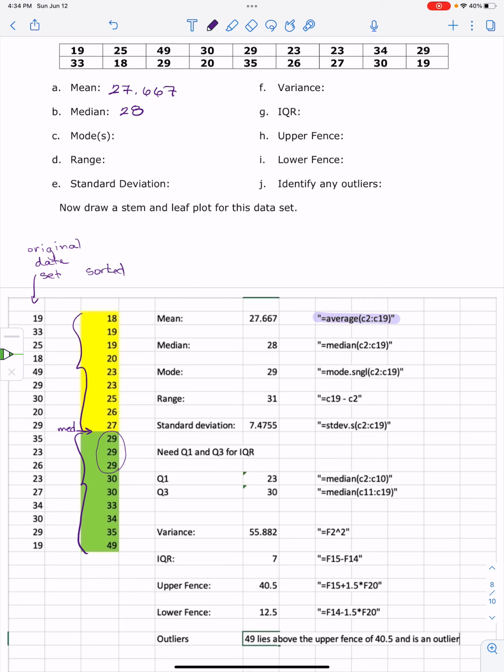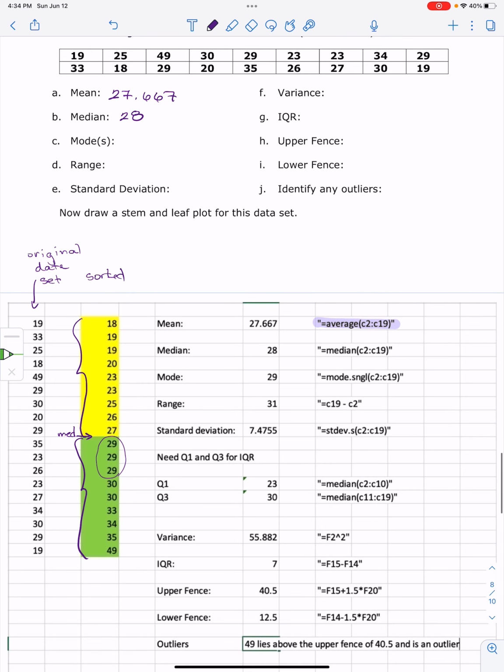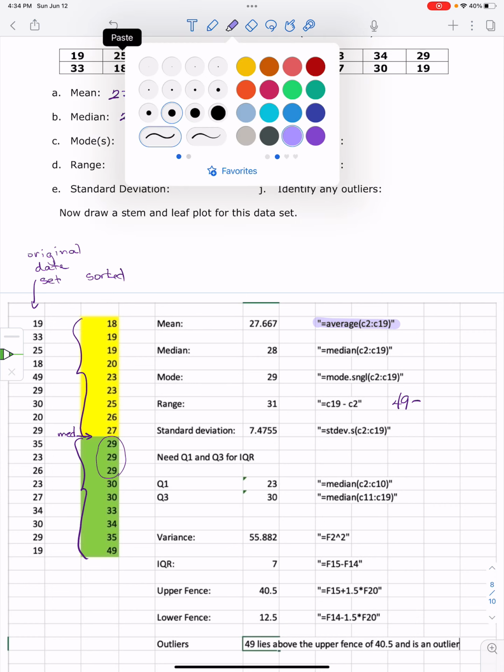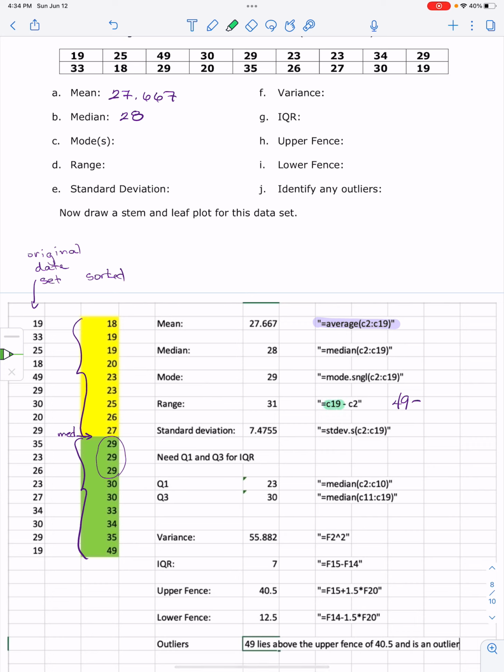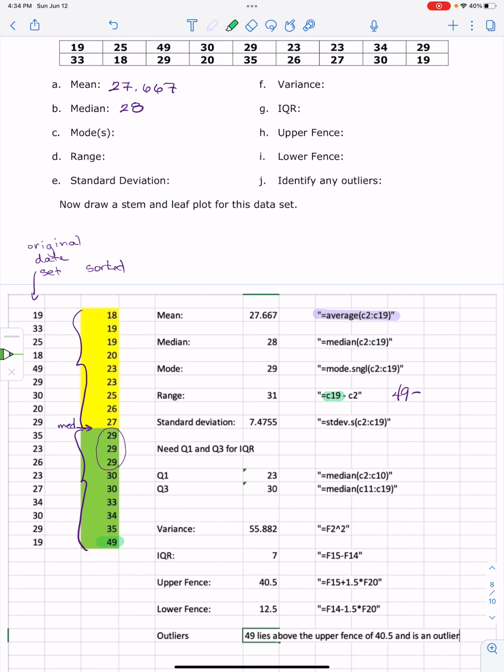Our range, we took our largest value, which was 49. That is in cell C19. So you notice here as I reference C19, that is this cell right here. And I cut out the labels, but this is column C. This is row 19. 18, we could number down.